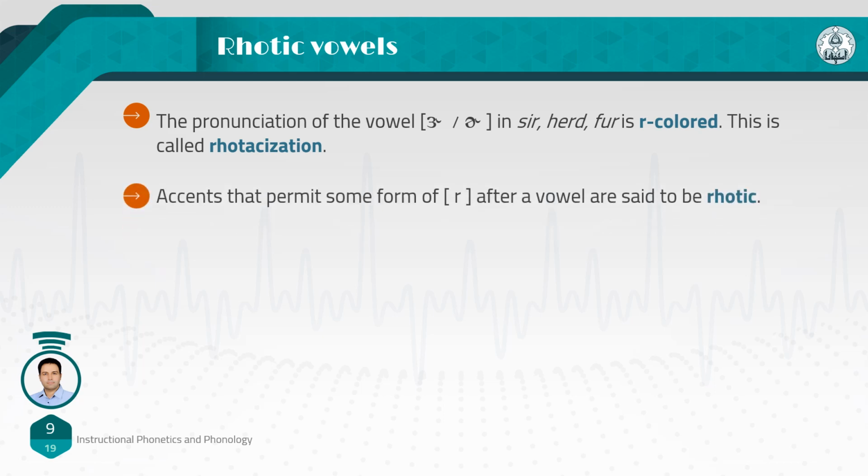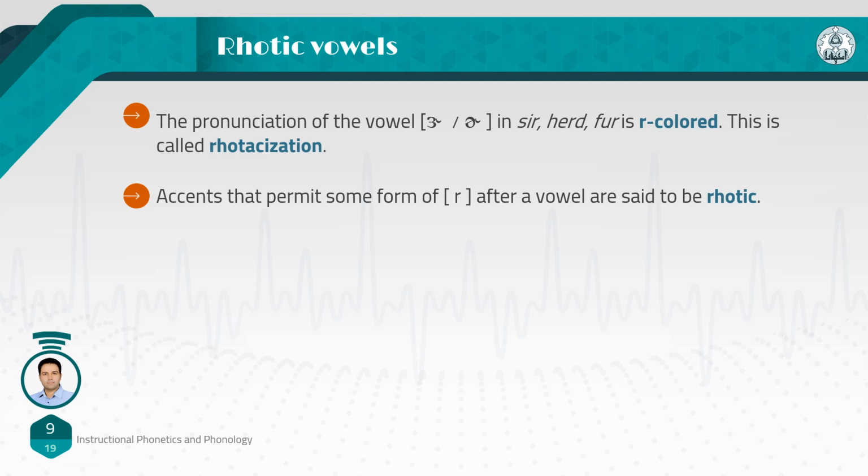Accents that permit some form of R after a vowel are said to be rhotic. The most noticeable difference among accents of English is in whether they have R-colored vowels or not.